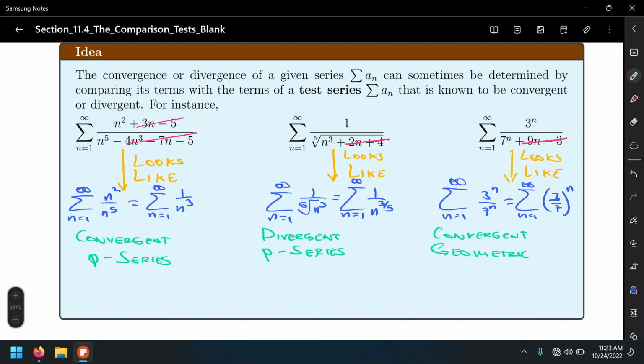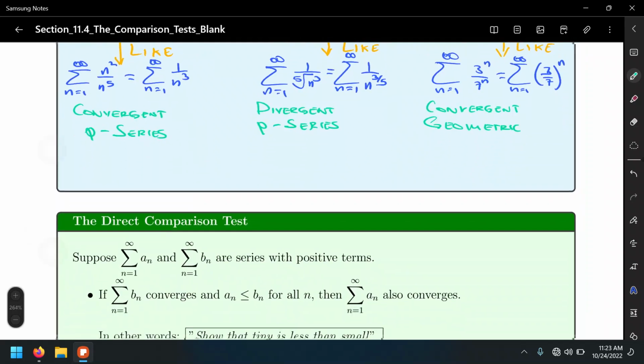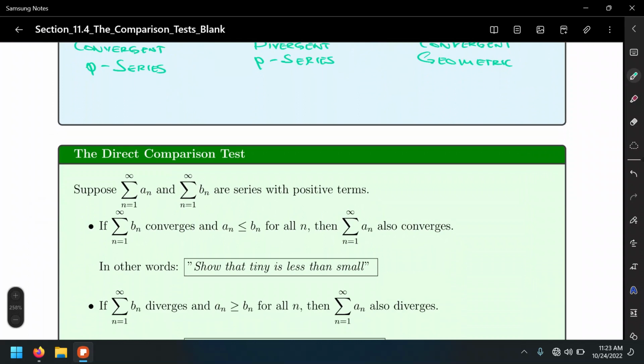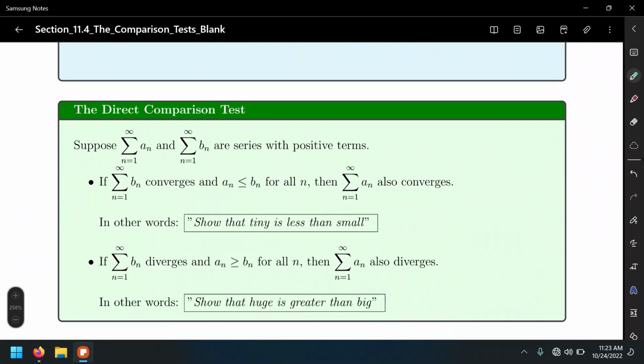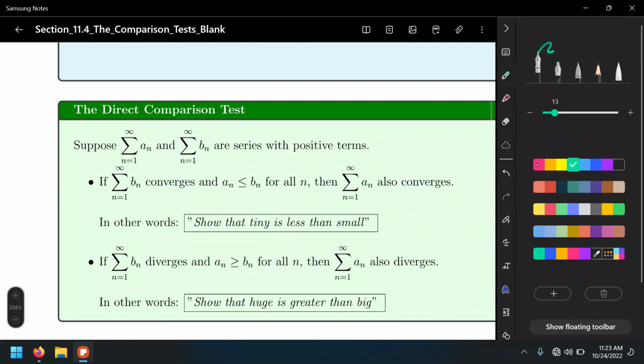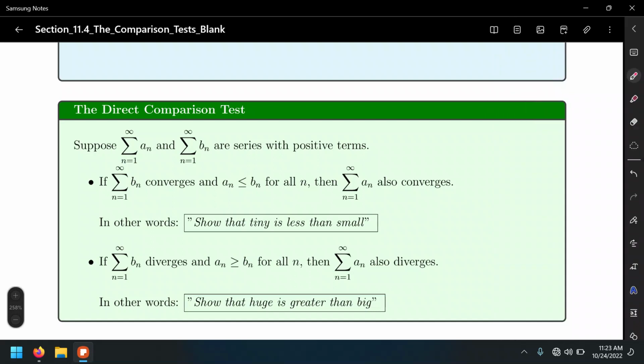Well, how are we going to compare these series? That's the definition below. So suppose we have two series: a series a sub n and a series b sub n. Now, let's label each series before going through the details.